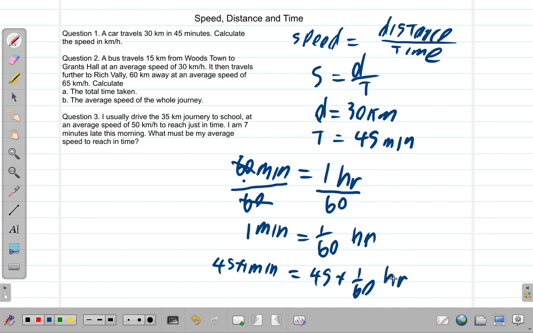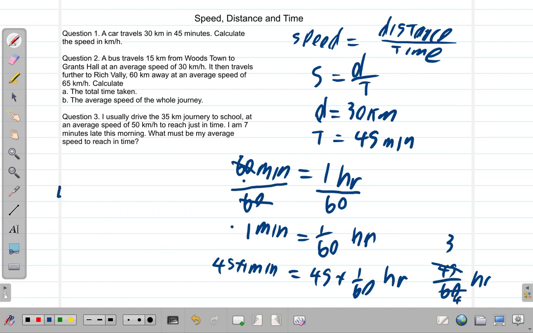I just write HR for hour. So therefore 45 minutes is equal to 45/60 hours. But we can cancel down here. 15 into 45 is 3 and 15 into 60 is 4.